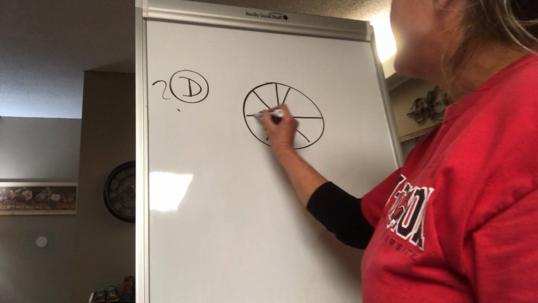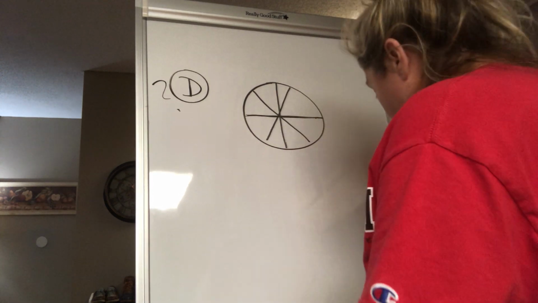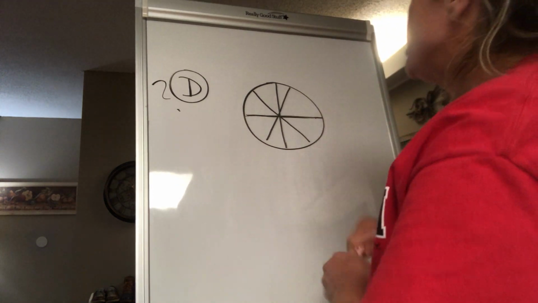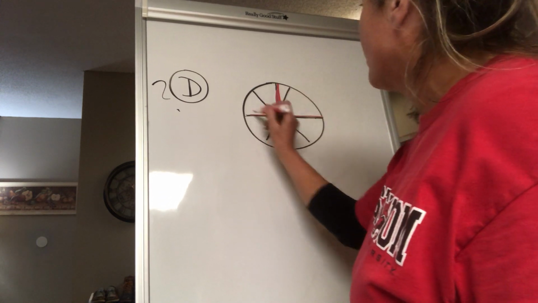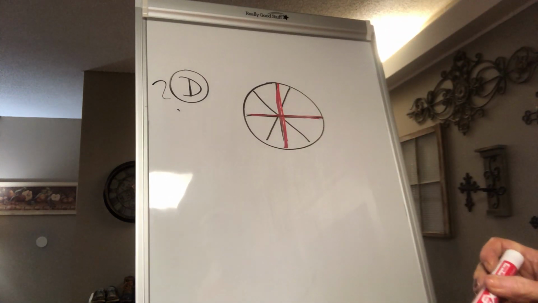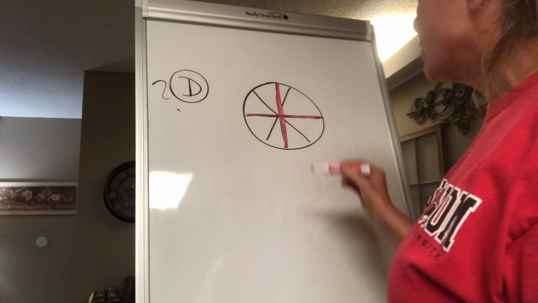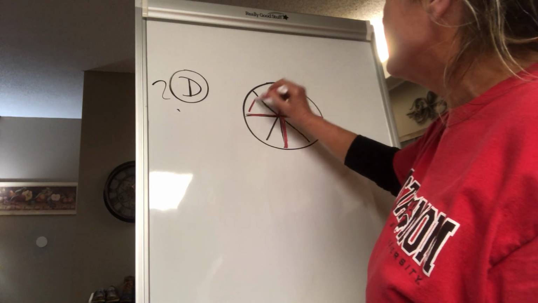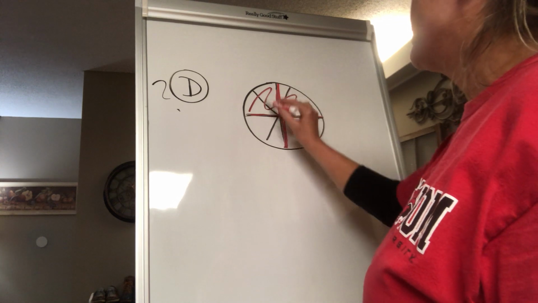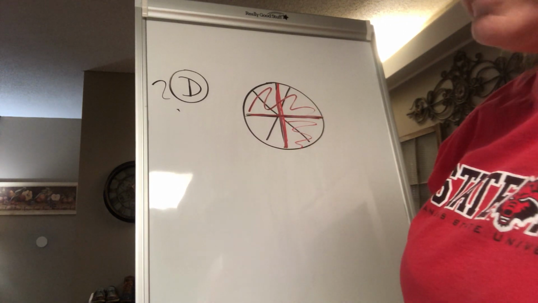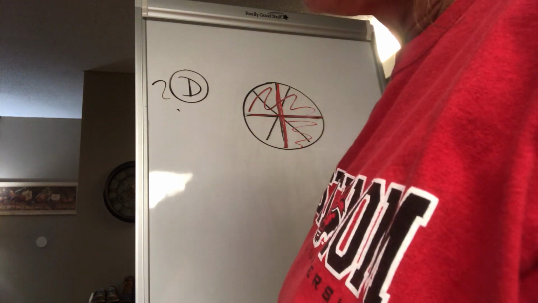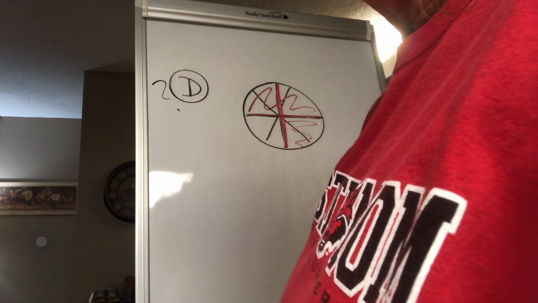So if I'm just looking at my fourths, let me look at it just as fourths for a minute. Here it would be as fourths. So if 3/4 of the pizza, there's 1/4, 2/4, 3/4. 3/4 of that pizza are left.